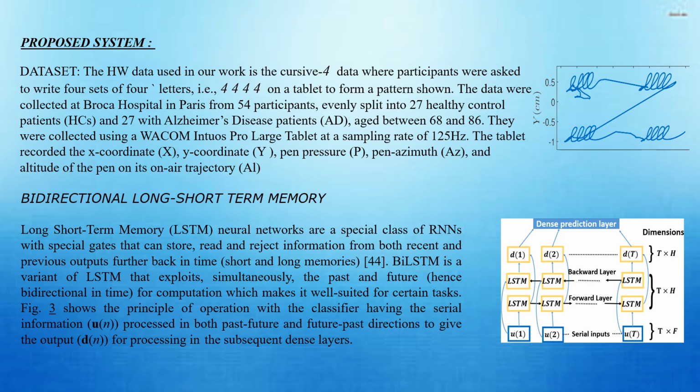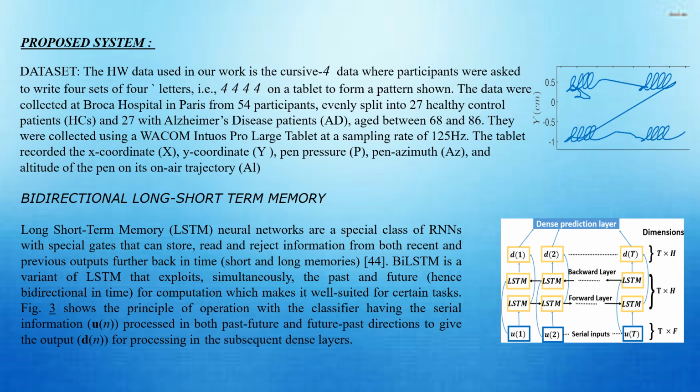The tablet records the x coordinate, y coordinate, pen pressure, pen azimuth, and altitude of the pen on a trajectory. So detection of Alzheimer's can be done using bidirectional long short-term memory. Long short-term memory neural networks are a specialized class of RNN with specialized gates that can store, read, and reject information from both recent and previous outputs further back in time.